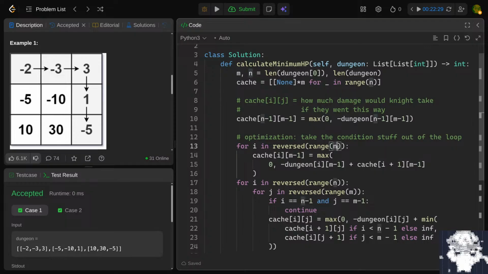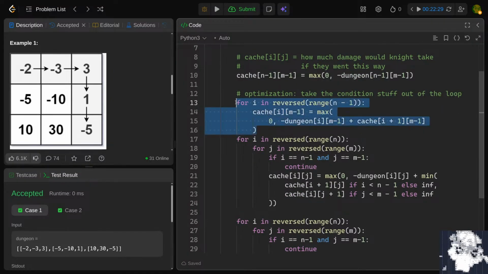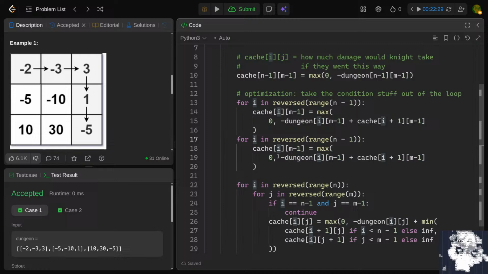So yeah, go one less high. And then we do the same thing for j. This one starts at n minus 1. This one is j. This one is n minus 1, j plus 1.